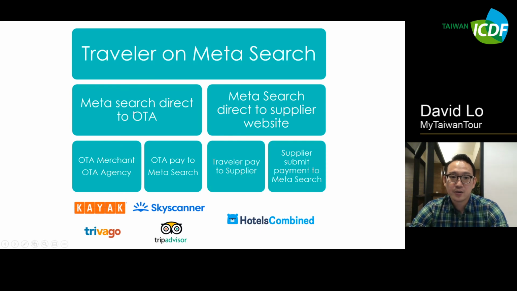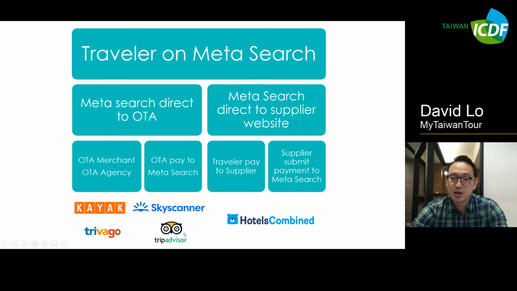So now meta search directs to the OTA, and the OTA is doing either the merchant model or the agency model, like I mentioned, so the hotels have to pay money back to the OTAs. But now OTAs will pay to meta search. Why?